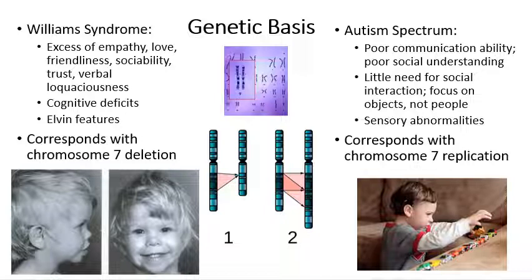They have sensory abnormalities, may interpret, say, heat as a sound or something like that, and may have intellectual deficits, or could possibly, in the case of what we used to call Asperger's syndrome, be intellectually really smart. So not have cognitive deficits, but definitely social deficits. And these are both related to this 7th chromosome pair. With a deletion, we have this excessively social, trusting person. And with a replication, we have this really deficient communication ability.